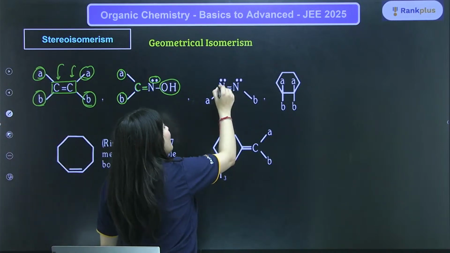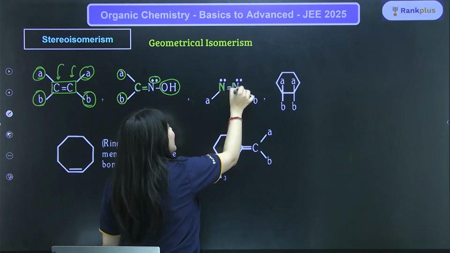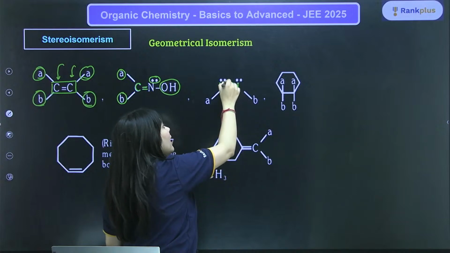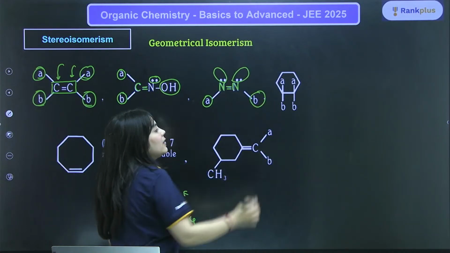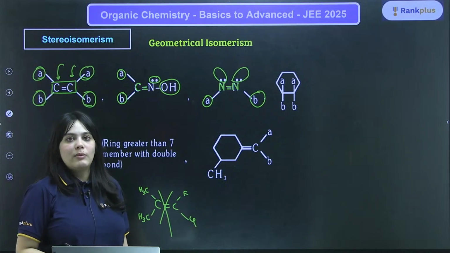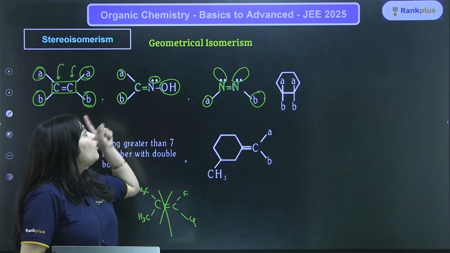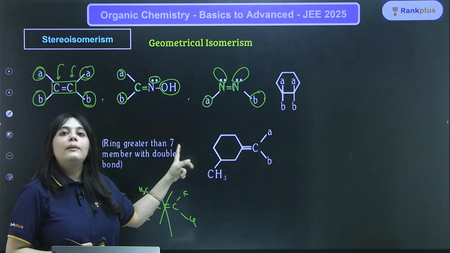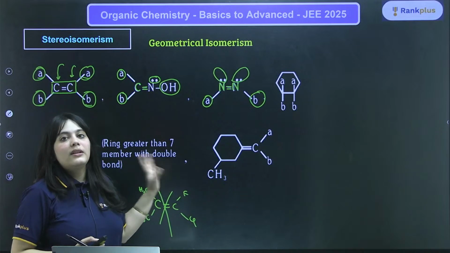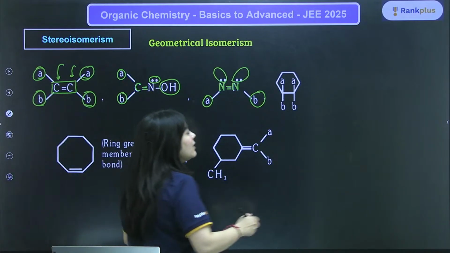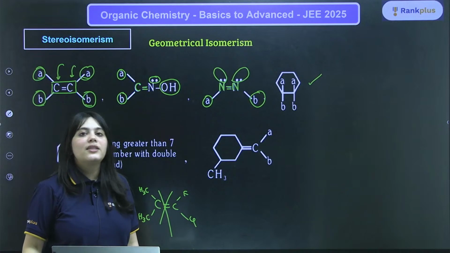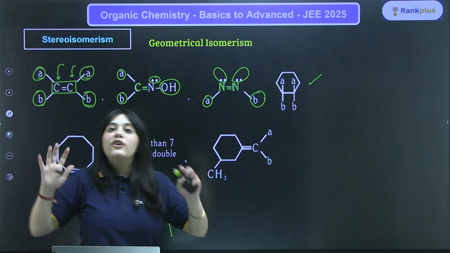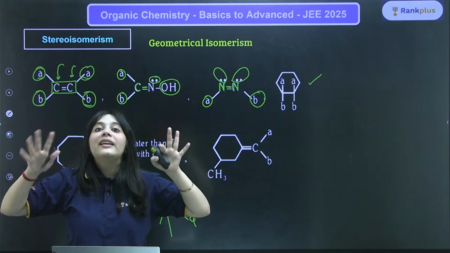Similarly here, once again an atom is there, a double bond is there, a lone pair is there, a lone pair is there, and an atom is there. This will also show geometrical isomerism. So even if a lone pair is present instead of an atom, that will also show geometrical isomerism. Understood? Similarly, this ring will also show geometrical cis-trans isomerism. Why? Because rotation around the ring is prohibited.